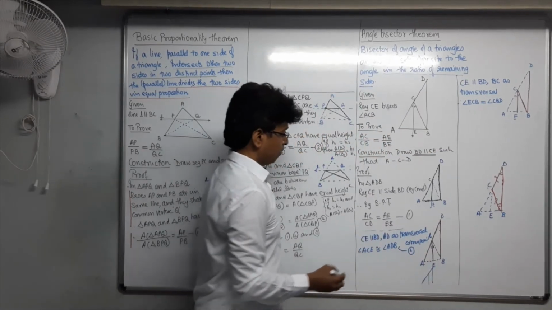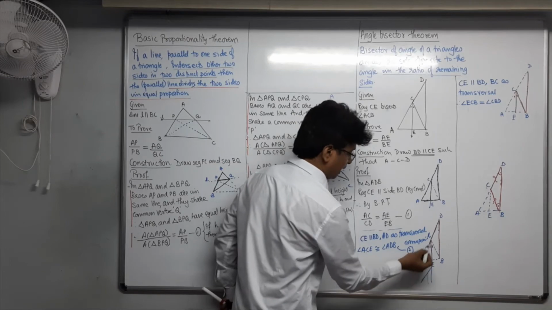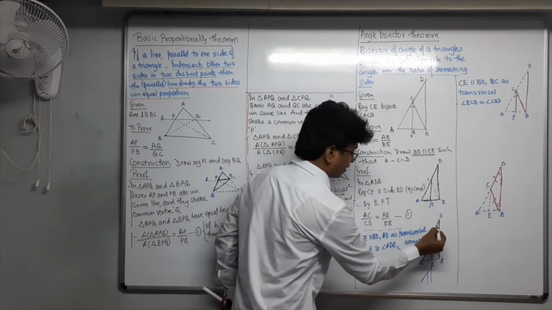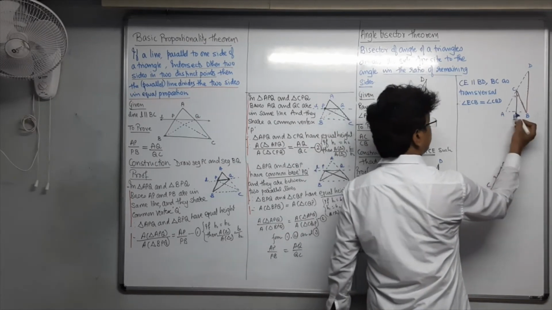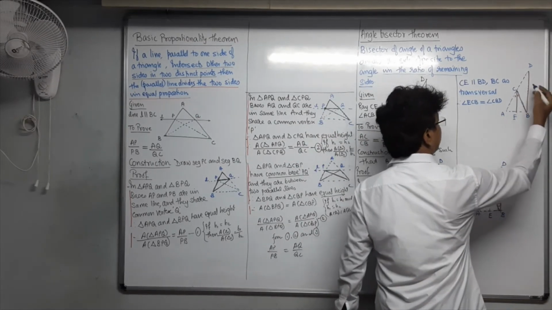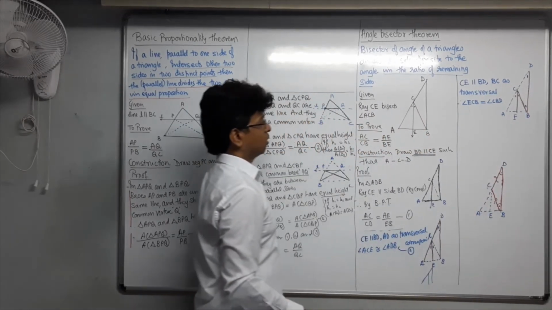See here, when this were there, they were congruent. ACE congruent to ADB. This becomes 1. This is 1, so this also becomes 1. And now ECB congruent to CBD. This also becomes 1. So this is 1, this is 1. Can you make out? So what you will write?